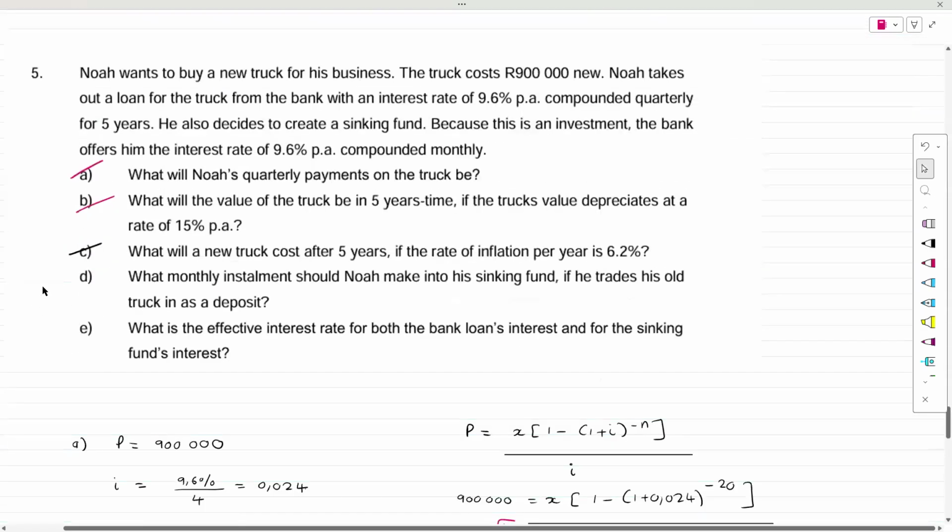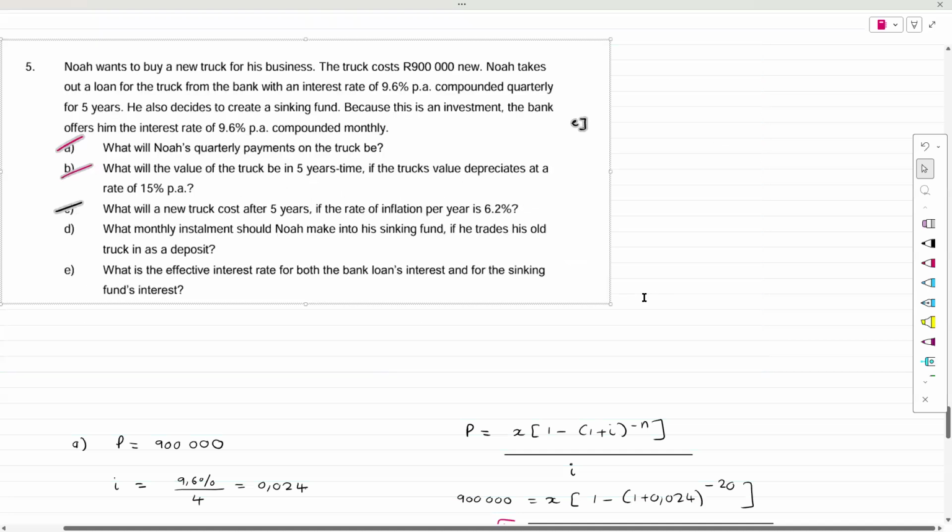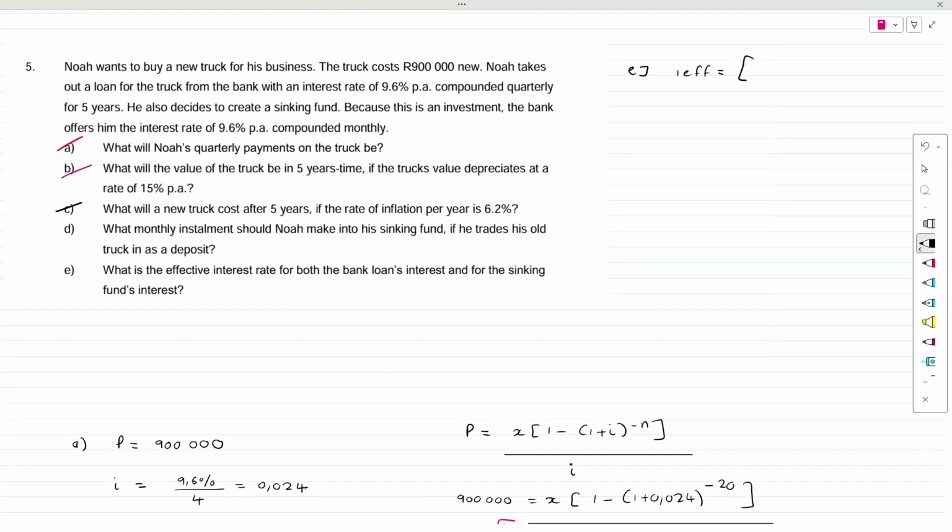The last question, most likely the effective interest rate. Not too difficult for the bank's loan and the sinking fund. Okay, let's do it on the top. Guys, the effective interest rate is always equal to 1 plus I nominal over m, to the power of m, minus 1.